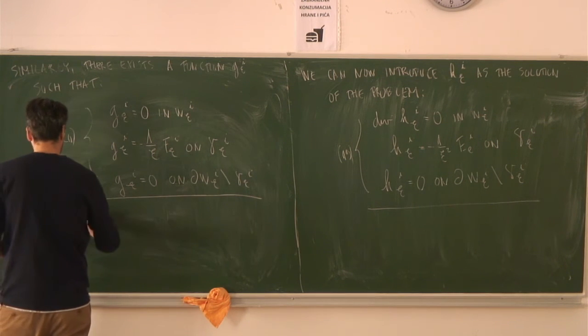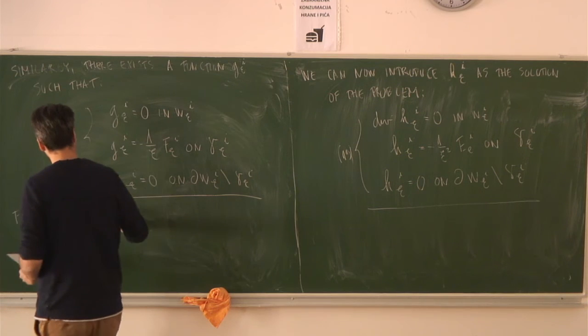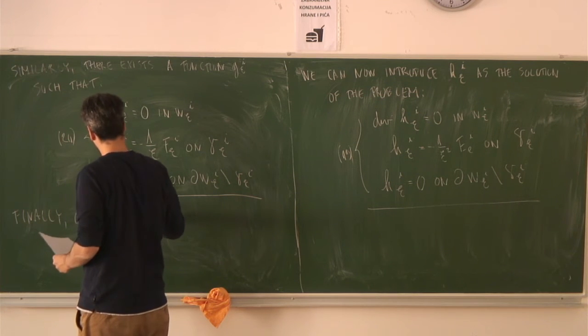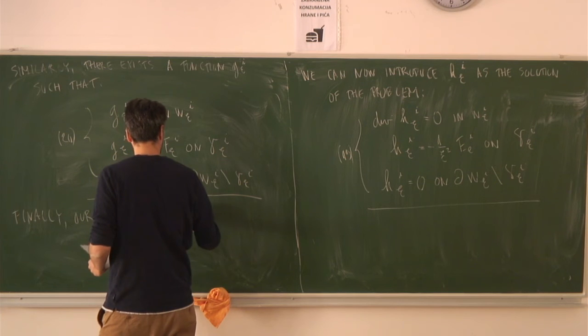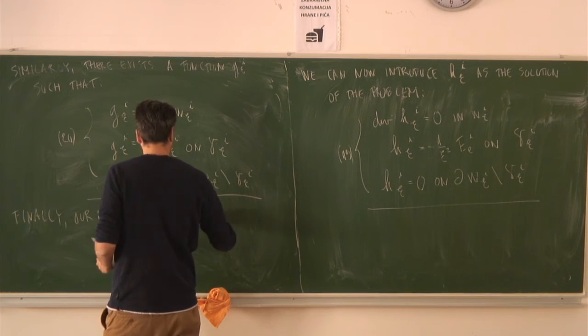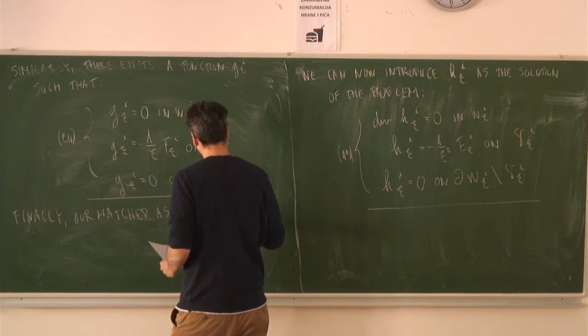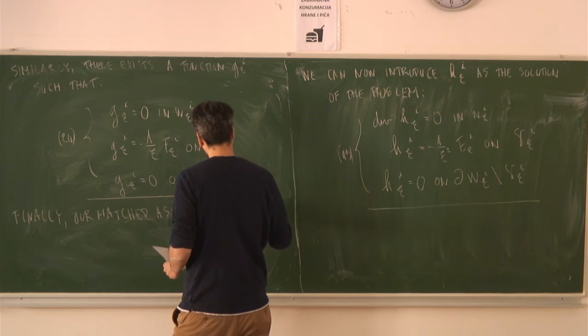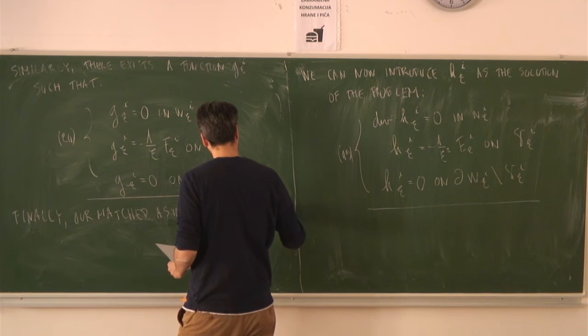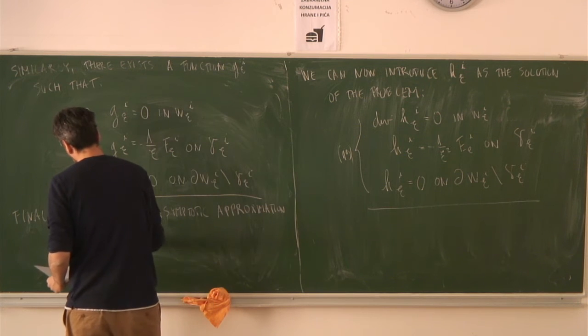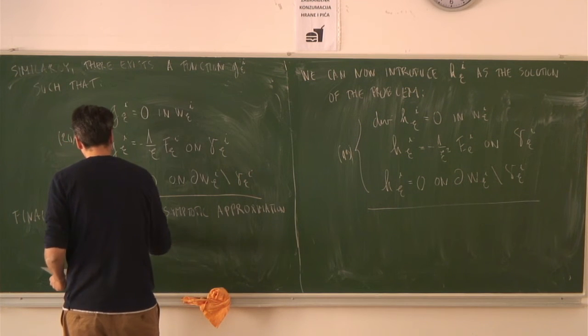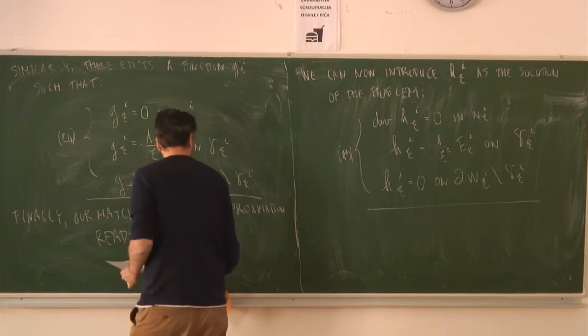So finally, our matched asymptotic approximation reads the following.